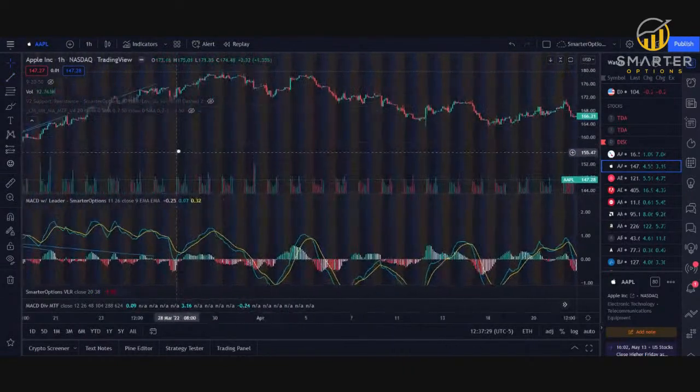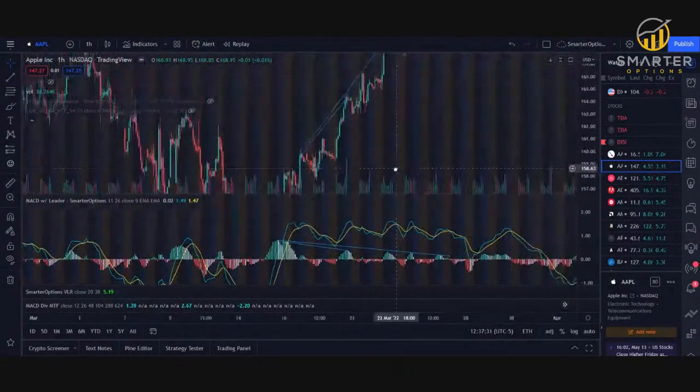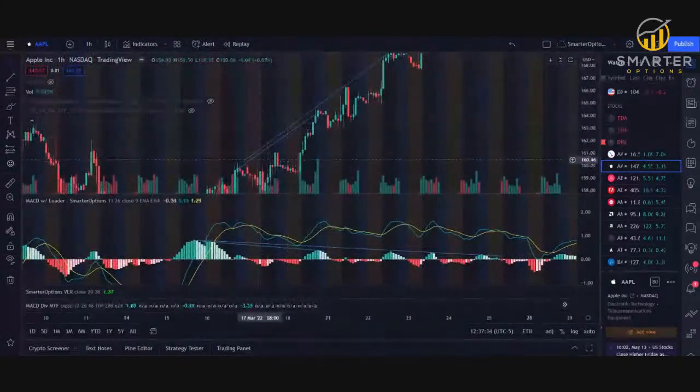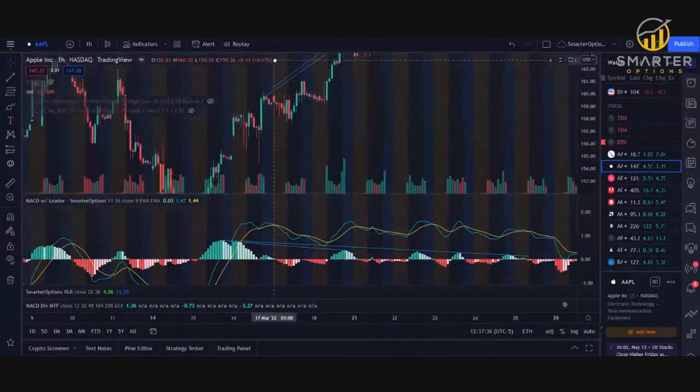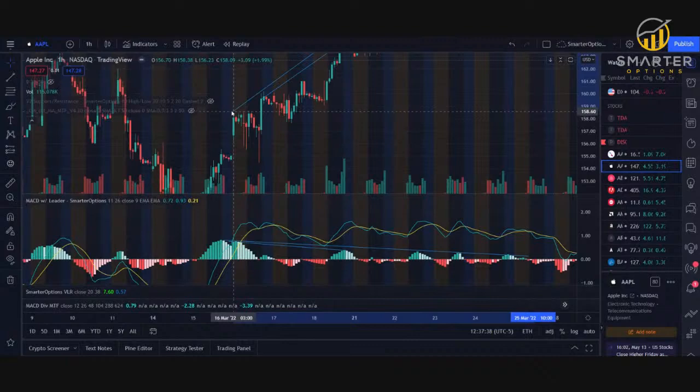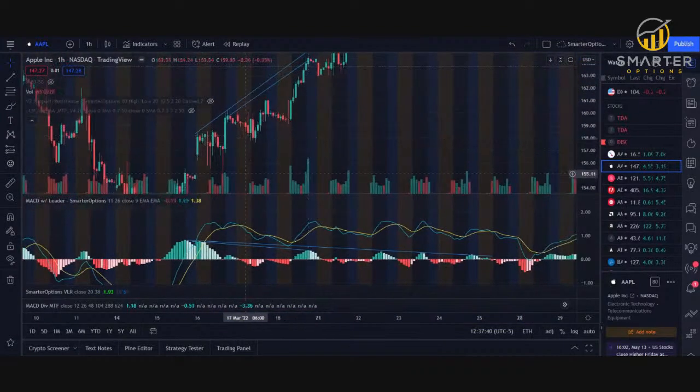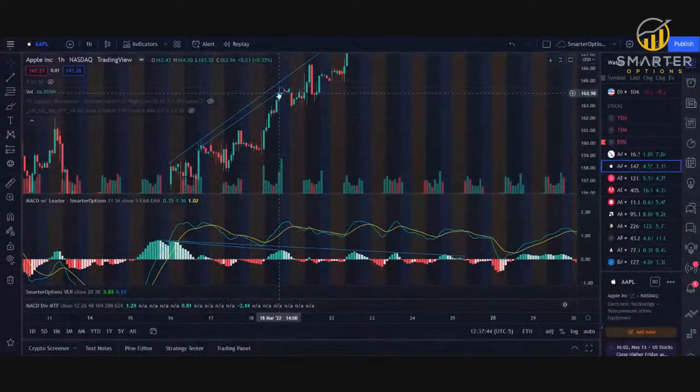So if we zoom in here on the smaller divergence, okay, let me take this back a little further. Okay, so here you can see we had higher highs, lower highs. Right after that divergence, we came down.